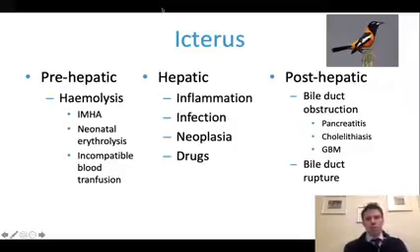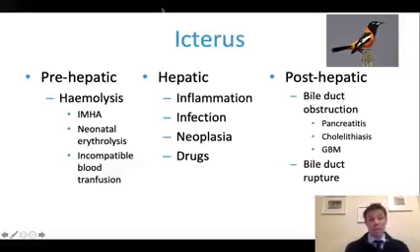What forms of icterus? Prehepatic, hepatic and posthepatic. So prehepatic relates to excessive breakdown of red blood cells, leading effectively to an overloading of the processing system and therefore excess bilirubin escaping into the bloodstream. And we'll see that with any hemolytic process, such as immune-mediated hemolytic anemia, that being the most common.